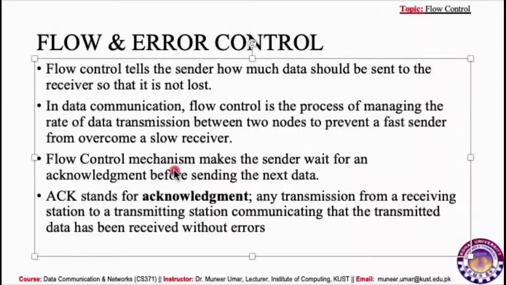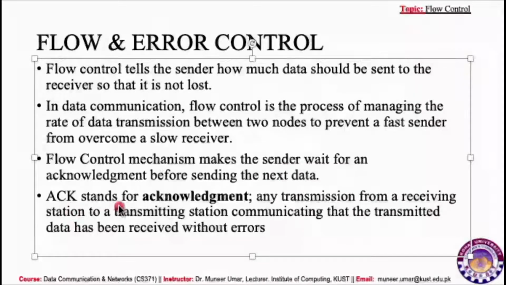The flow control mechanism makes the sender wait for an acknowledgement before sending the next data. So in flow control, we have an acknowledgement mechanism which bounds the sender for transmission. If the sender receives an acknowledgement, after that it sends the next frame.